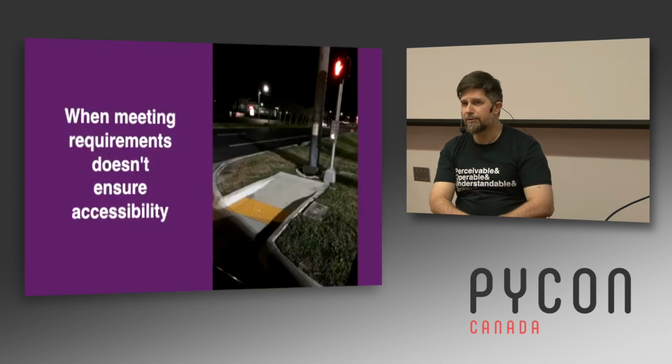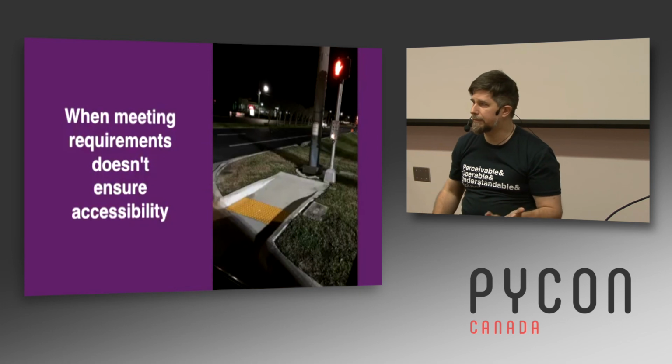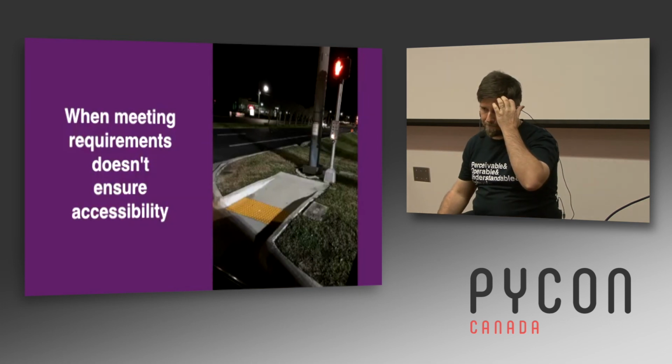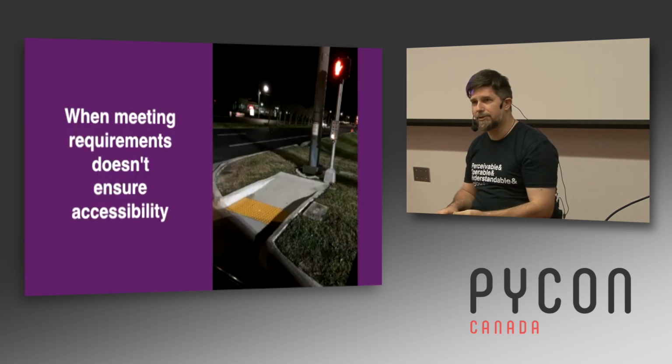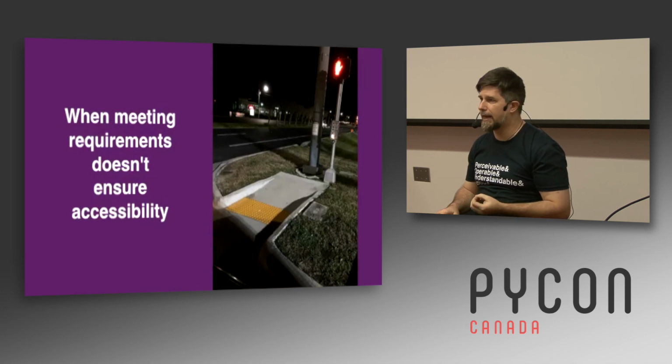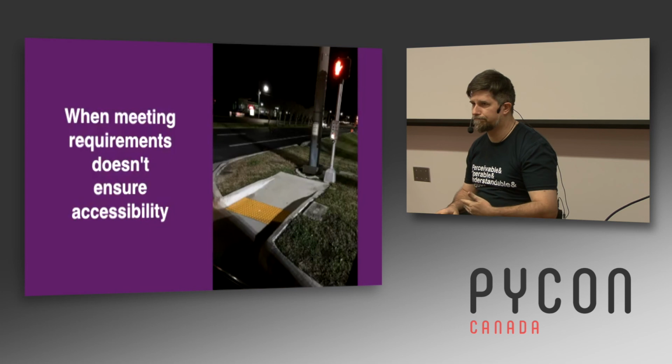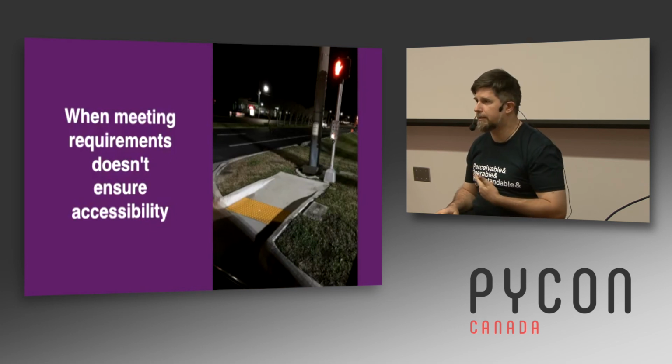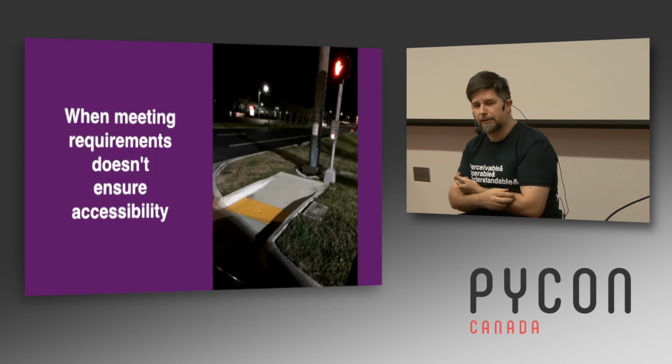Now, there's a whole range of requirements, and I'm going to talk about that in a little bit. But following the rules does not necessarily mean that you're going to have an accessible site. So you have to kind of quality test as you go. That photo was taken in Chicago last year. The curb cut is 100% accurate.